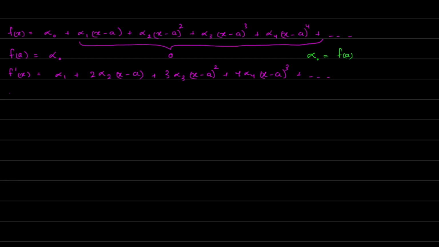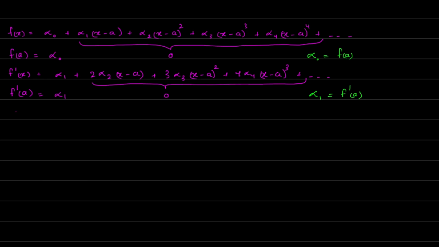And once again, if you set x to a, we get f'(a) being equal to alpha 1, and everything that comes after alpha 1 contains x minus a, and a minus a equals 0, so it becomes 0, leaving us with just alpha 1. And therefore, alpha 1 is equal to f'(a).